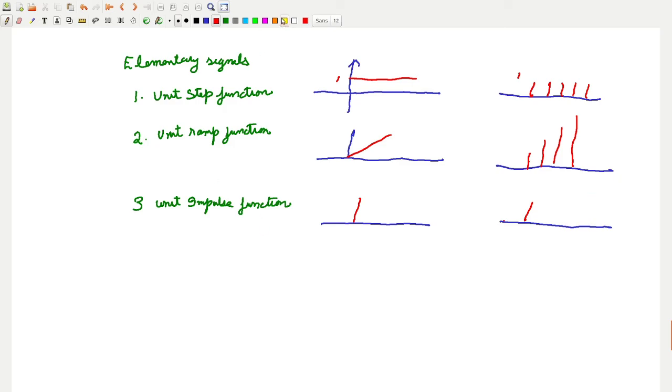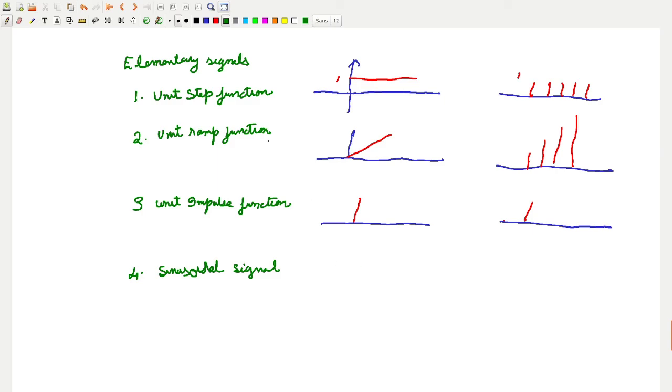Next elementary signal is the sinusoidal signal. From the name itself, it will be clear to you.